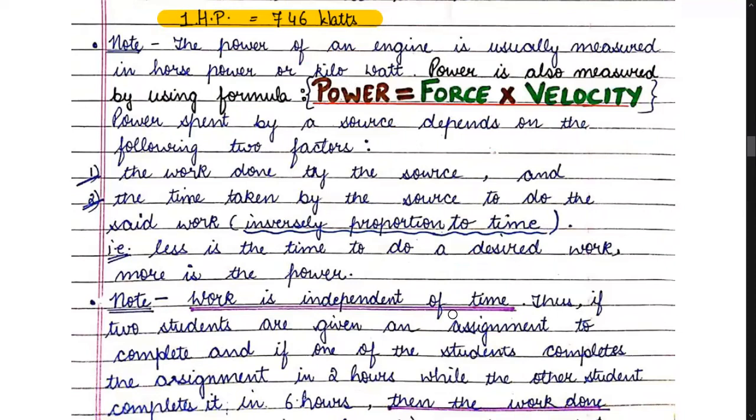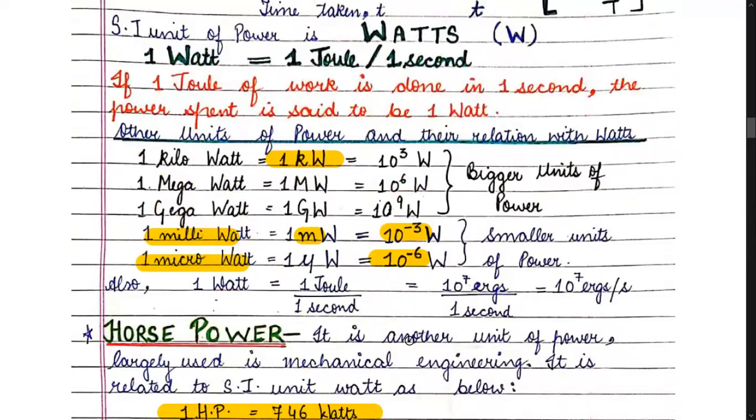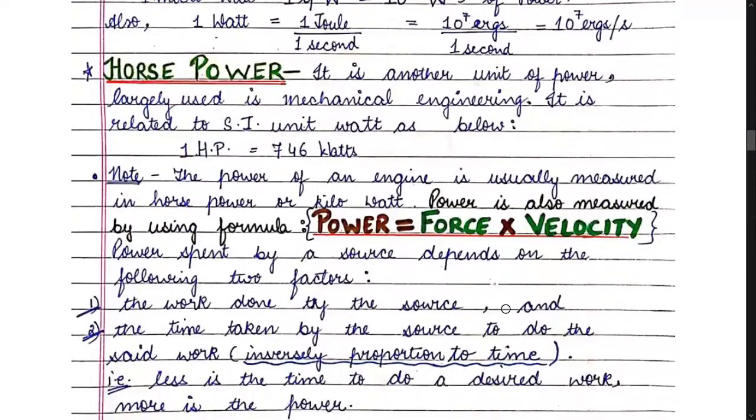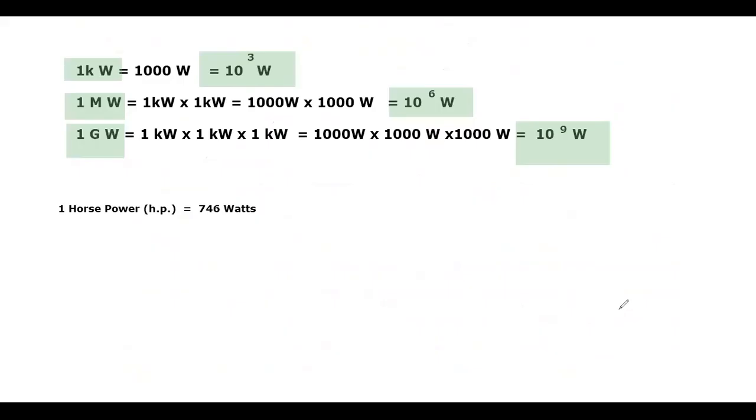And there is one more formula of power. One is work upon time, which we did earlier today. And there is one more formula, that is force multiplied by velocity. This is also power, and it is derived from the same formula. Children, we did power was equal to work upon time.